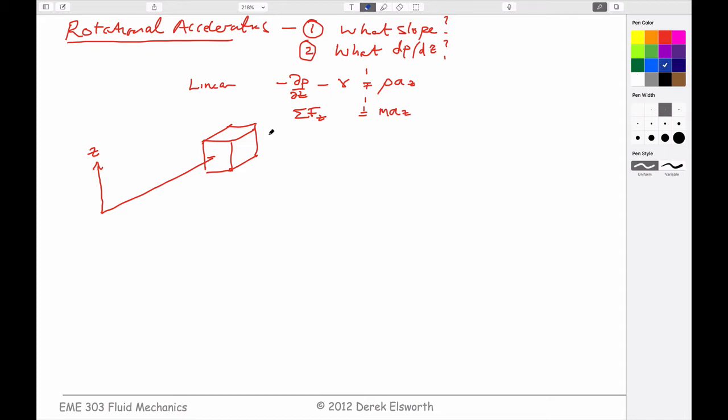This is the radial direction, and around here is the theta direction. This is the velocity that it's traveling at, which is v theta. Now I'm going to put some lengths on this: dz going upwards, dr going outwards, and d theta going around on these different limbs of this block.